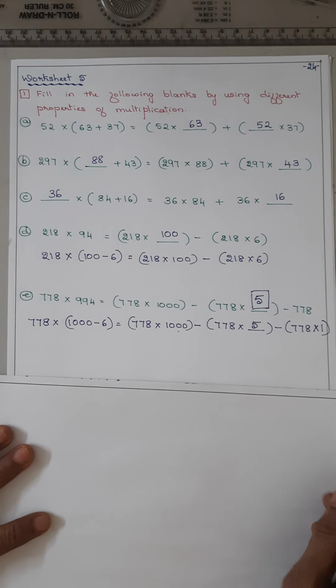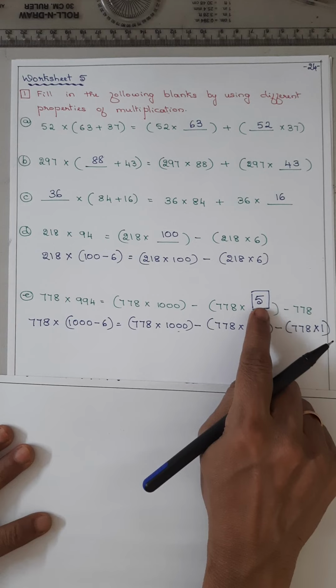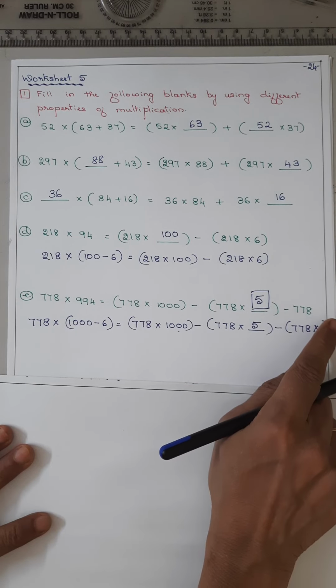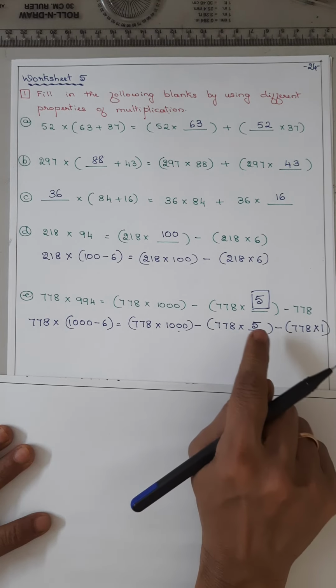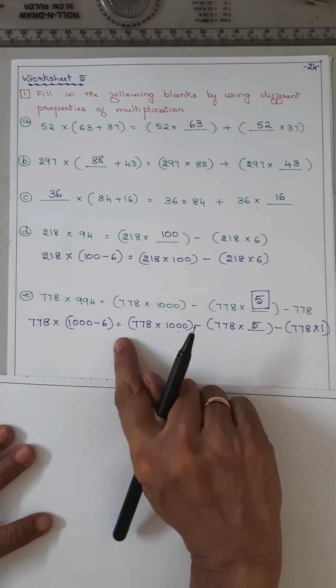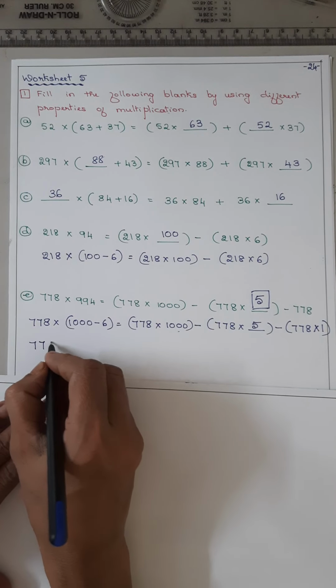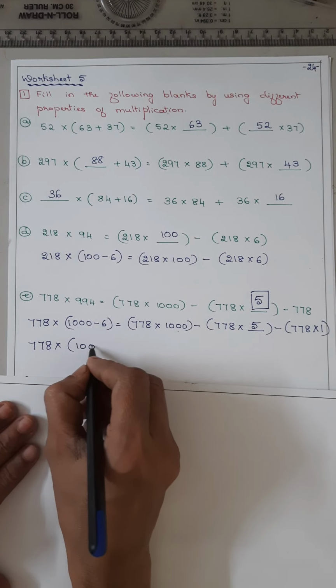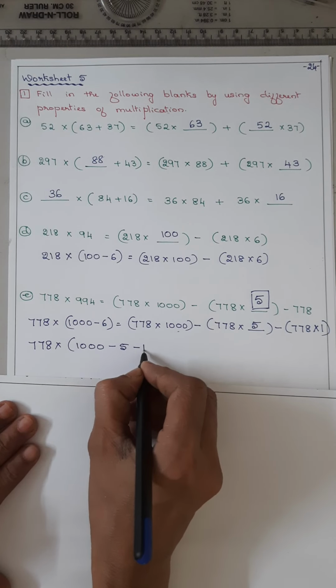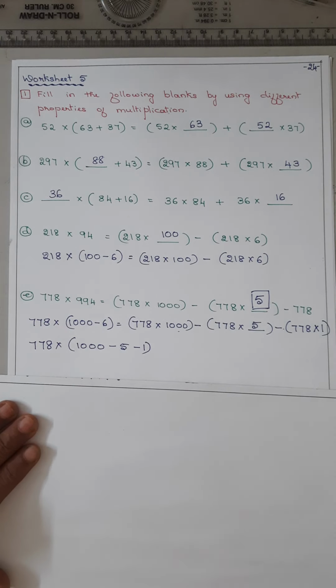Understood why? 1000 minus 6 is 994. But you can't put 6 here because it is a 7, 7, 8. Again it is given. That means into 1. So 5 plus 1 is 6. Minus 5 minus 1 becomes minus 6. So that is why 1000 minus 6 can be written as 1000 minus 5 minus 1.